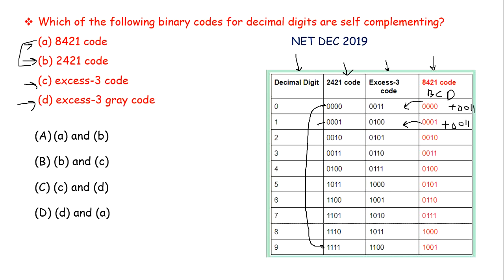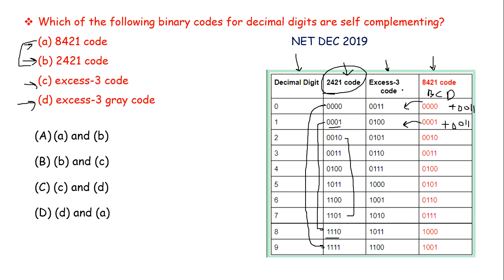In the same way, we will change the bits of 1 with 8. Like for 1 we have 0001. If we change 1 to 0 and 0 to 1, we will get 8, that is 1110. This is a self-complementing code. 2 with 7, 3 with 6 and so on. So 2421 is a self-complementing code.